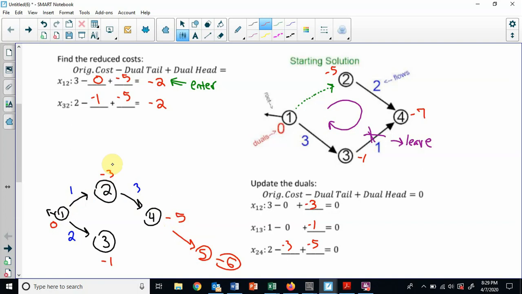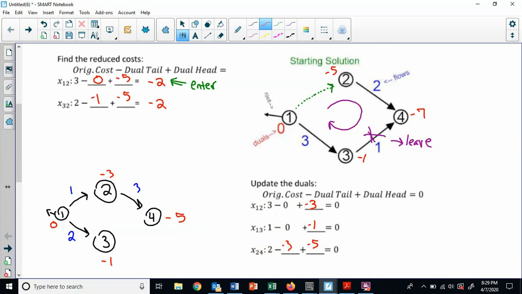How much did this change by? It increased by 2, from -5 to -3. So I knew this one was going to increase by 2, from -7 to -5, and all these would increase by 2 if they were connected into it. Okay, that's just a trick. You don't have to know that. It should make sense because the original costs are always going to be the same, but what you're subtracting off, these tails and head values, are going to change.